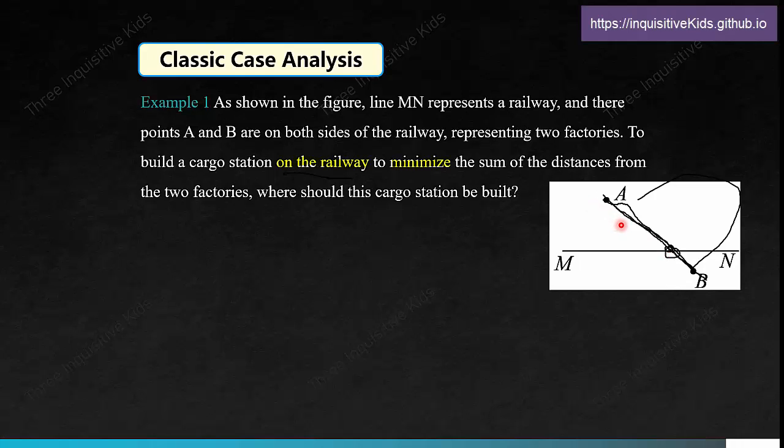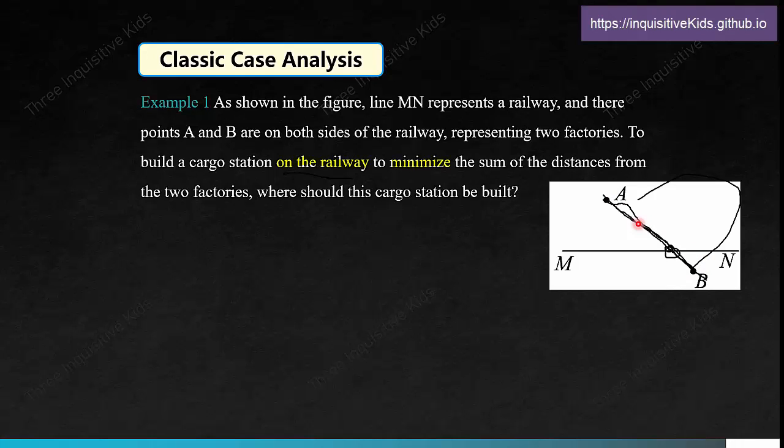Well, first, the cargo station has to be on the railway. And before we even think about the cargo station at all, let me ask you a question. If we just look at points A and B, without the line MN, what will be the shortest distance to go through them?